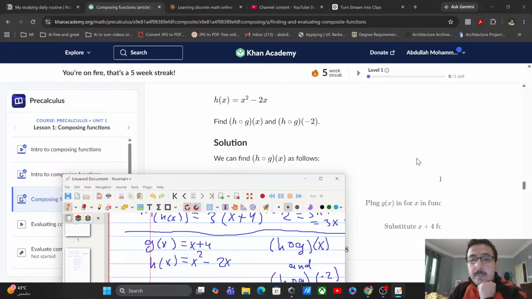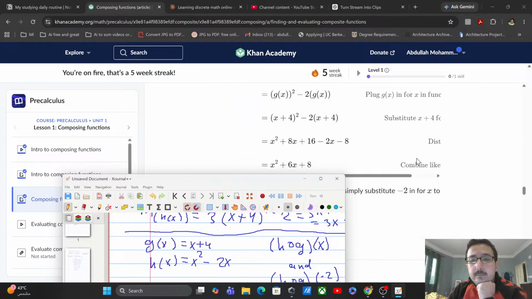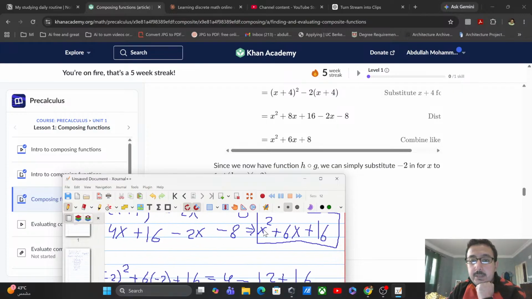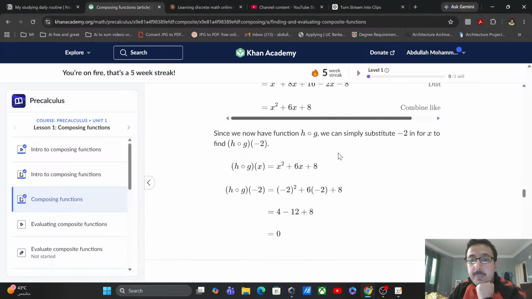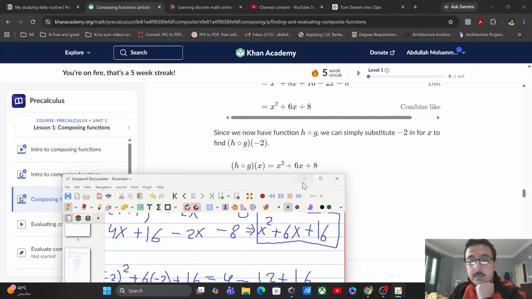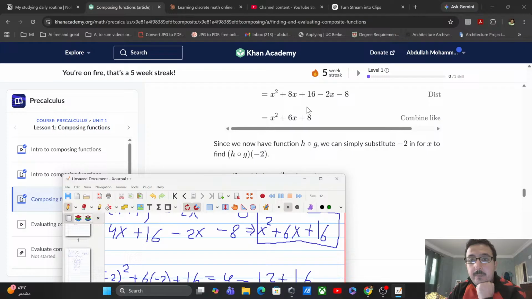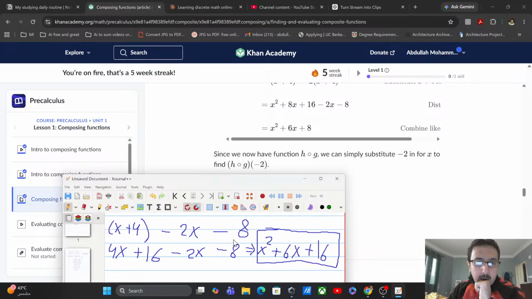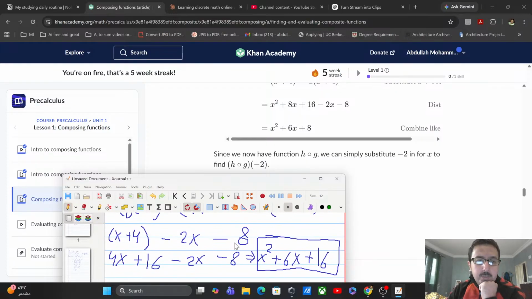So let's see. Where's our first? x squared plus 6x plus 8. That's our first one. Actually, the second one is wrong. I mean, at minus 2, the plus 16 here, and the minus 8.